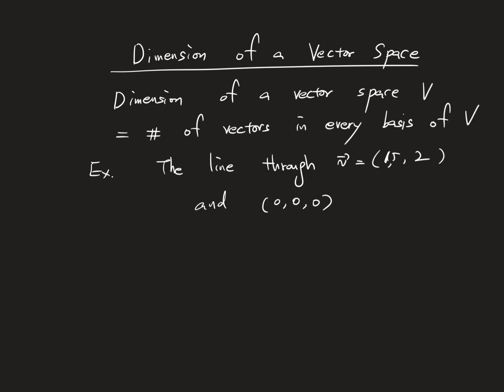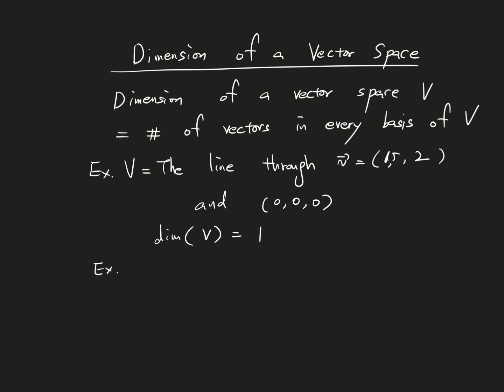So this is a vector space, and we can say this is V. What is the dimension of V? Because this is a line, it is 1.